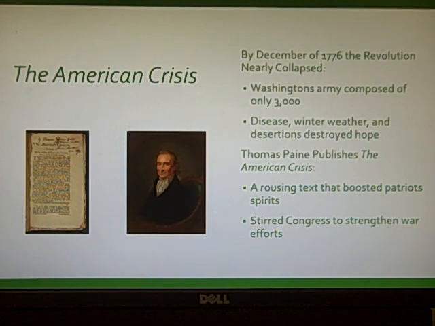Okay? So this American Crisis is again another Paine publication, right? So Paine was the one that wrote Common Sense. Okay? He is going to utilize literature, utilize the means of the day in order to essentially propagandize, right? Like he's trying to rally support.